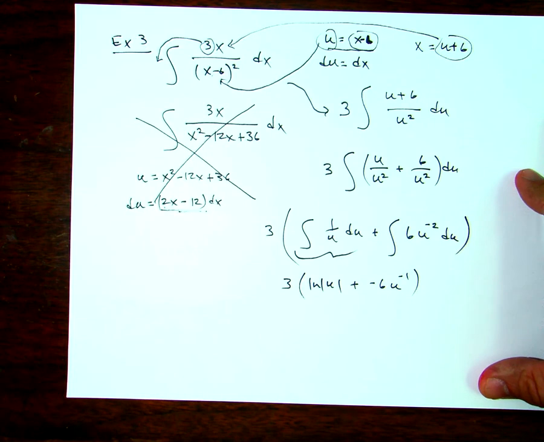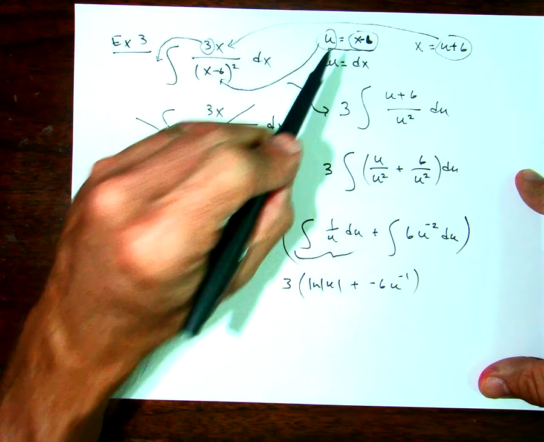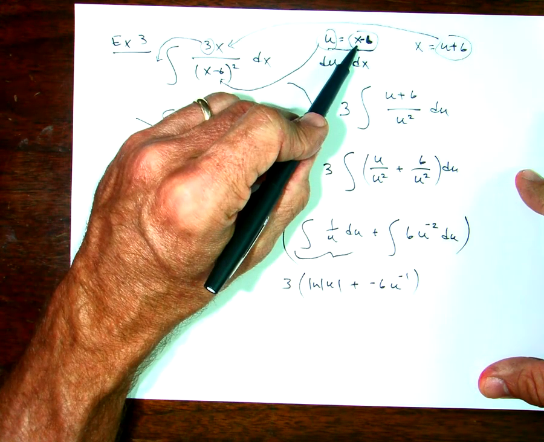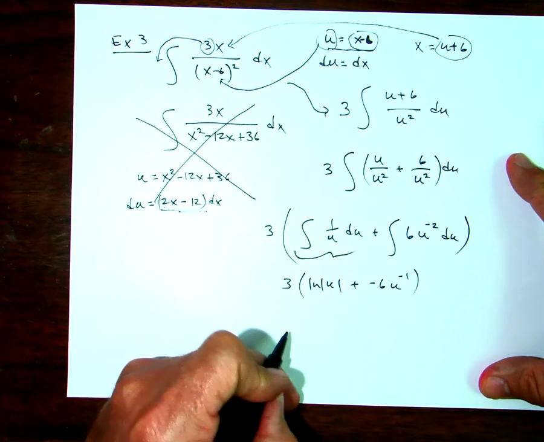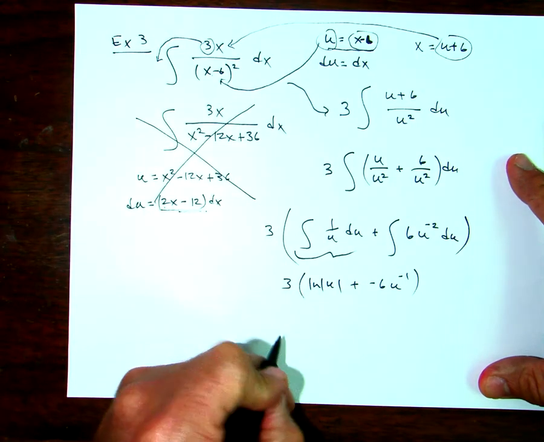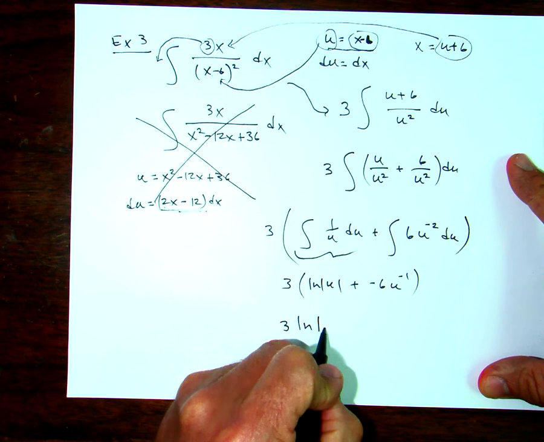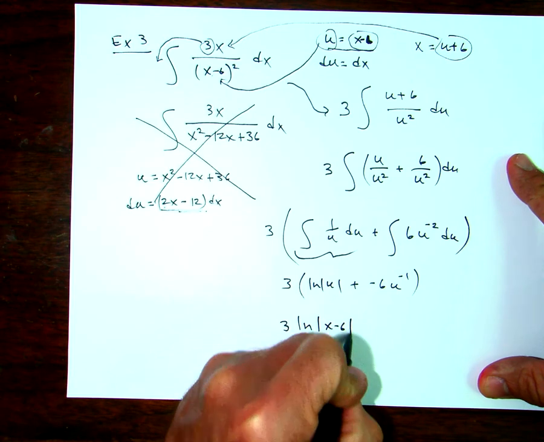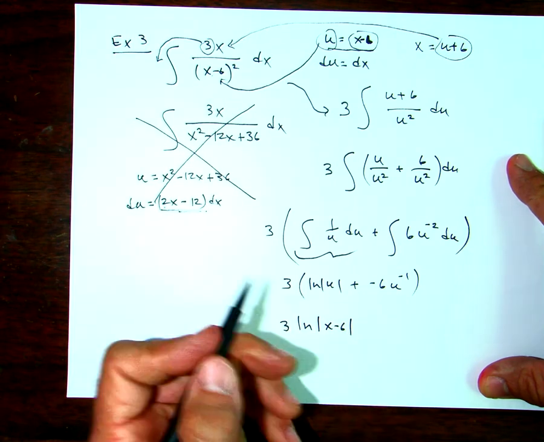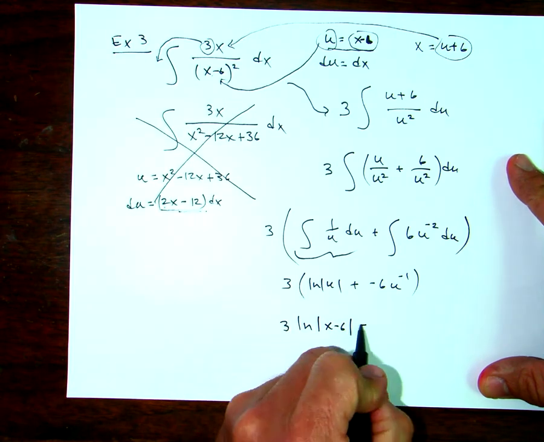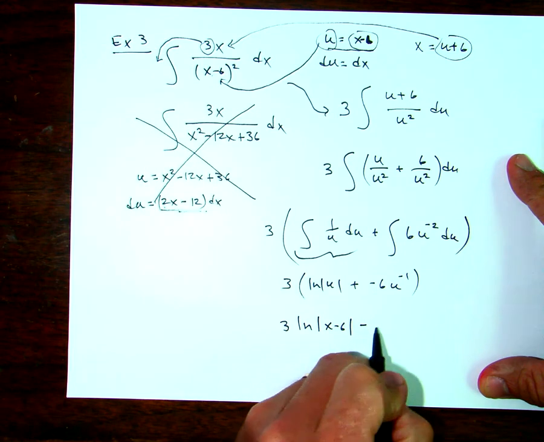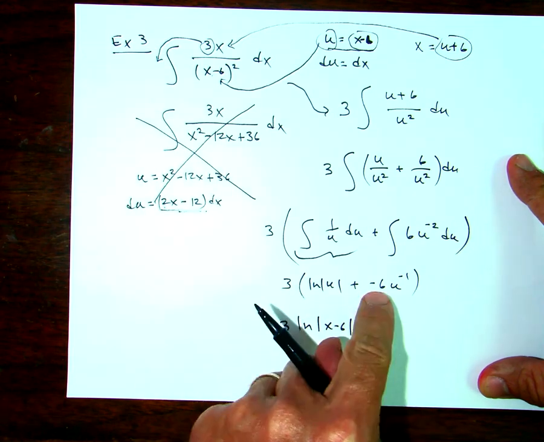So let's put our x minus 6 back in for u and simplify. We'll distribute this 3. So I'm going to have 3 natural log absolute value of x minus 6, plus a negative, which is the same thing as minus 18, right? 3 times the 6 gives me the 18.